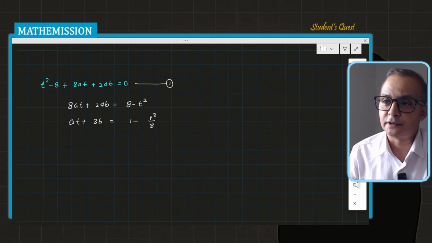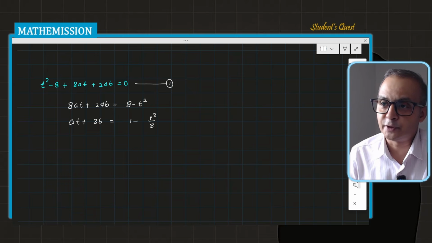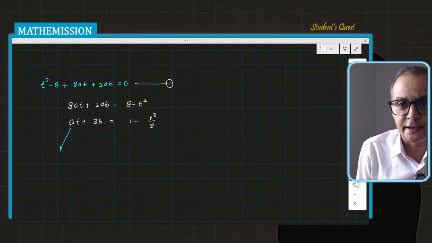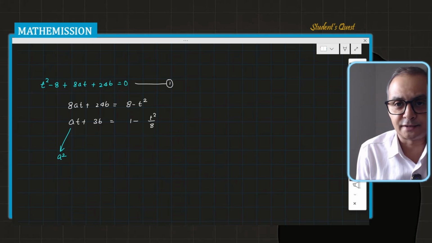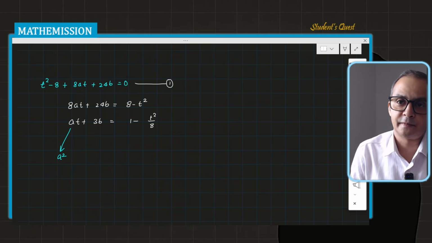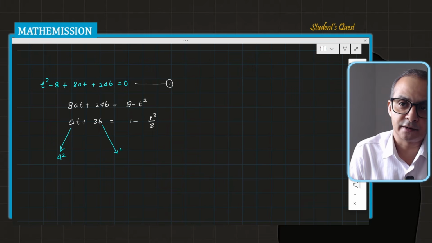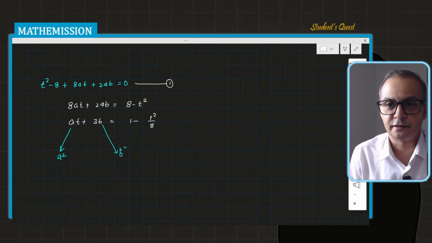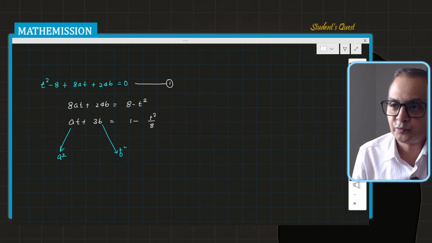Now you remember this is actually inviting, because what we have to find is a square plus b square. Think of this as a, which corresponds to a square, and this is b, which corresponds to b square. So you notice how we can relate a square plus b square from there. Let's see.